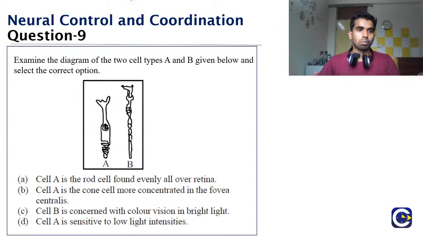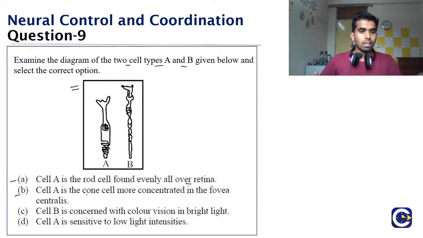Now coming to question number 9. Examine the diagram of the two types of cells, type A and type B, given below, and select the correct option. So this is the two types of cell, and you have to tell which one is type A and what is type B. Option A, cell A is the rod cell and it is found evenly all over the retina.